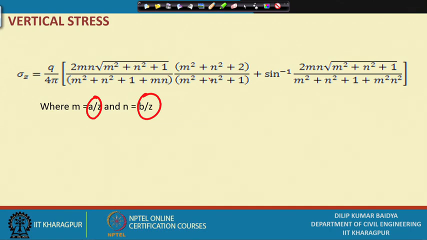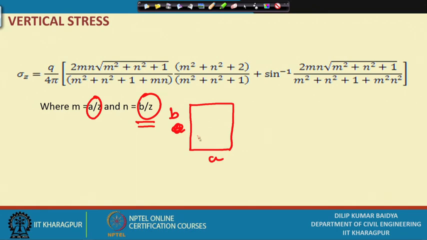Instead of that, we introduce a by z equal to m, and b by z equal to n. Suppose I have a footing like this, where this is a and this is b, and I want to find out the stress.